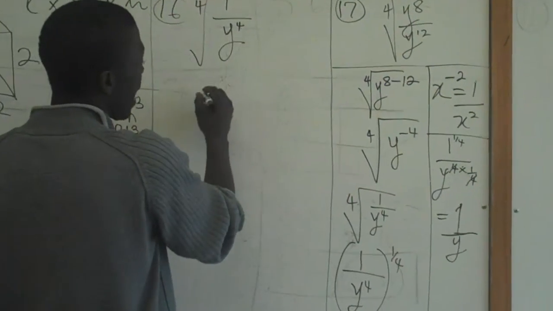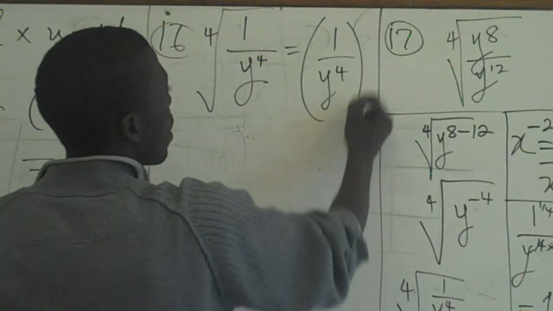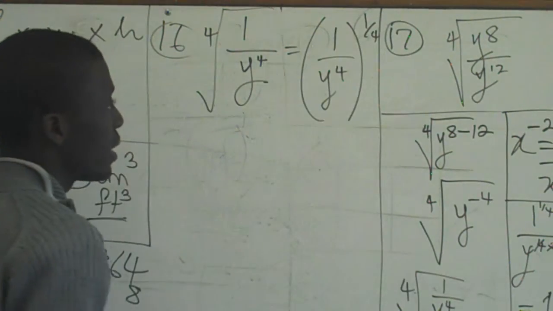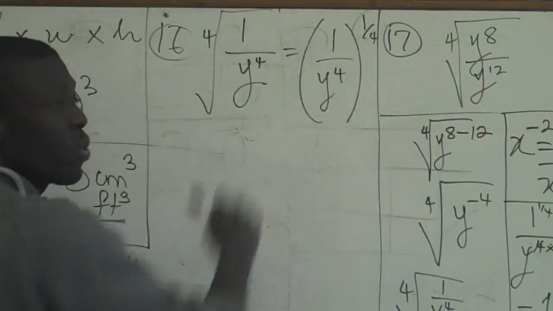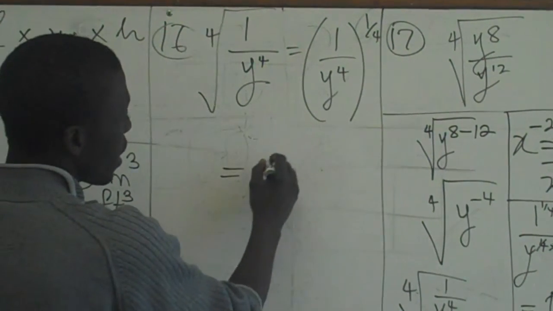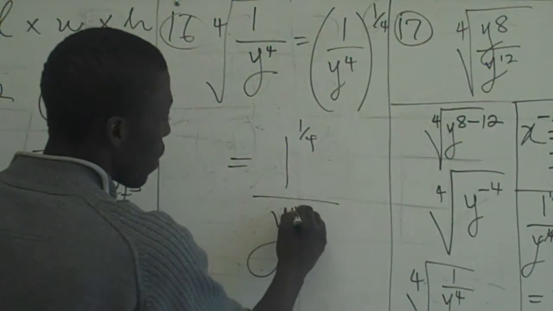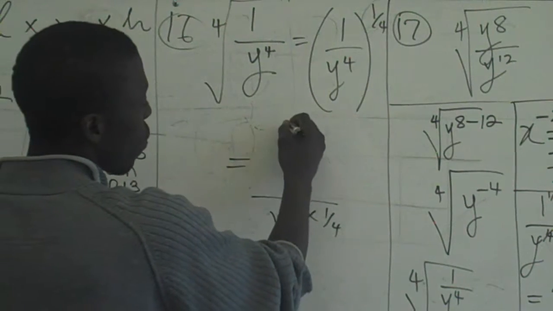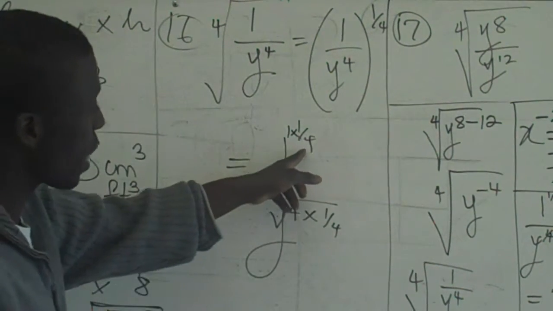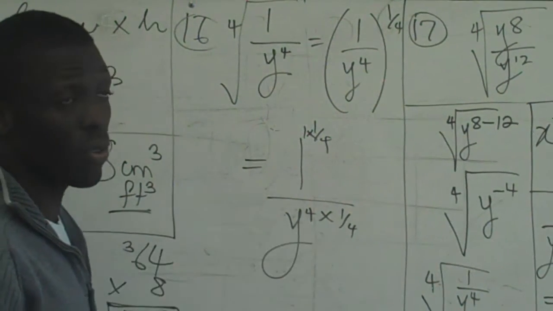This is the same thing as 1 over y to the fourth, and then 1 over 4 outside it, which means that we can multiply the exponents inside by that exponent outside. What happens there is we get 1 to the 1 over 4 divided by y to the fourth power times 1 over 4. So this 1 essentially has a 1 as an exponent, and it's being multiplied by 1 over 4. But on the bottom, it's y to the fourth power times 1 over 4.